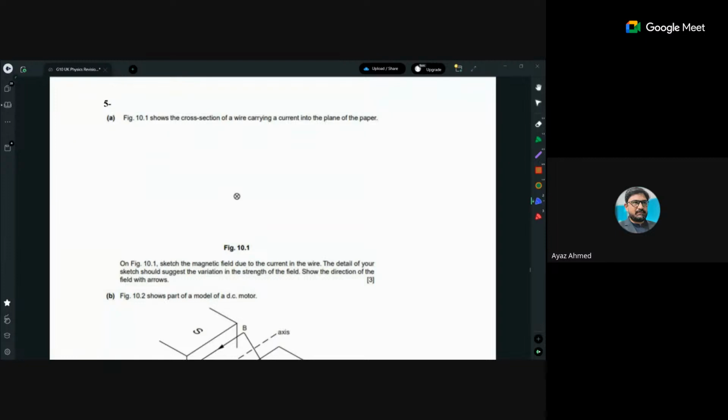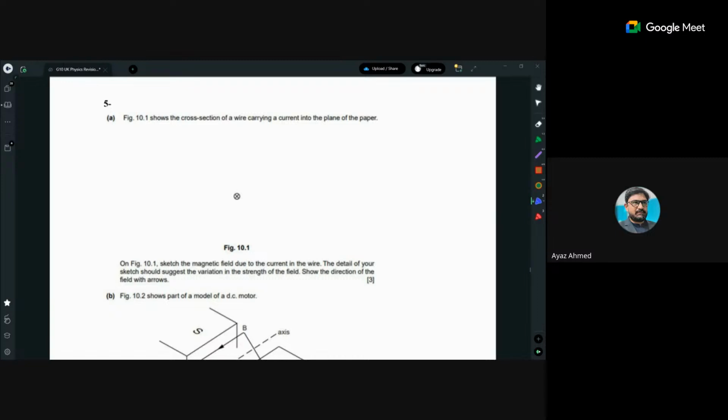Carry figure 10.1 shows the cross sections of the wire carrying the current into the plane of the paper. So, as I told you, it is connected. As I told you, if there will be a current in a wire, that current will be basically either outward or inward.